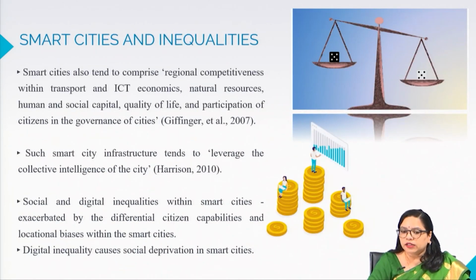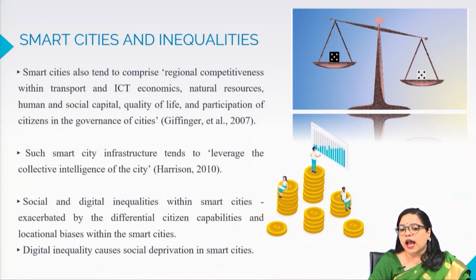According to Griffin and others, smart cities comprise the regional competitiveness within transport and ICT economies, natural resources, human and social capital, quality of life, and the participation of citizens in the governance of the cities.